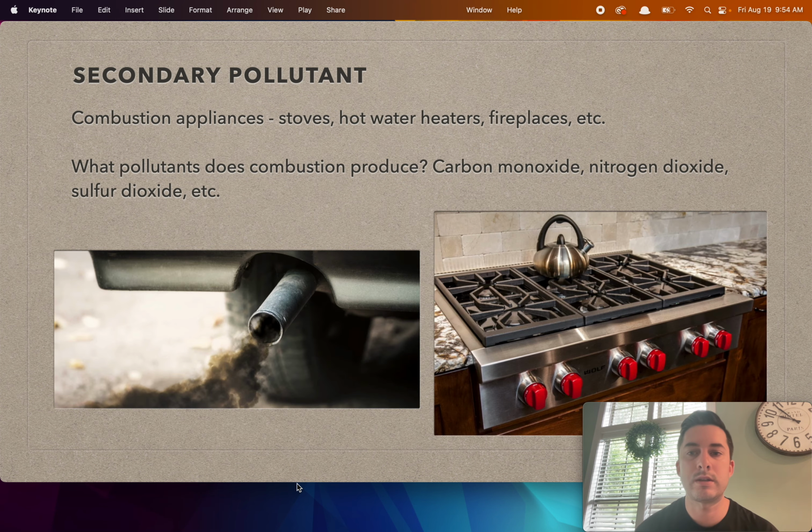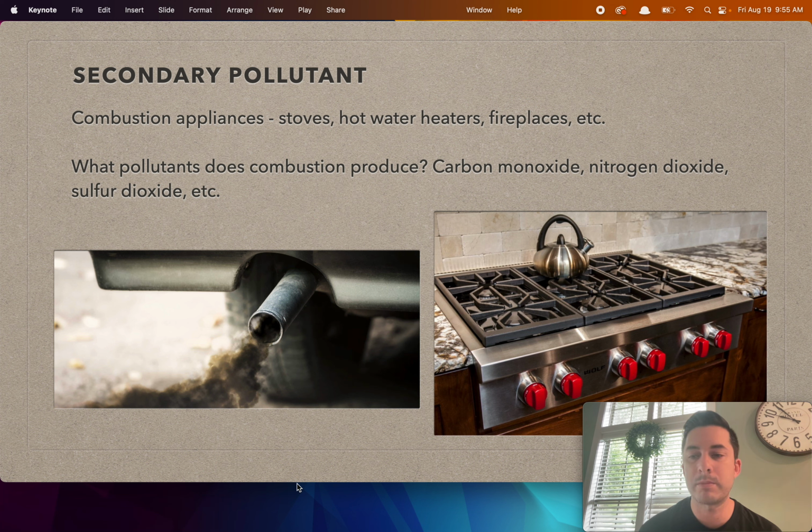Secondary pollutants, I put over there a combustion appliance, a nice $5,000 plus Wolf combustion cooktop. I get it. They look awesome. They cook fast. I think we all feel cool whenever we have something cooked out of fire.